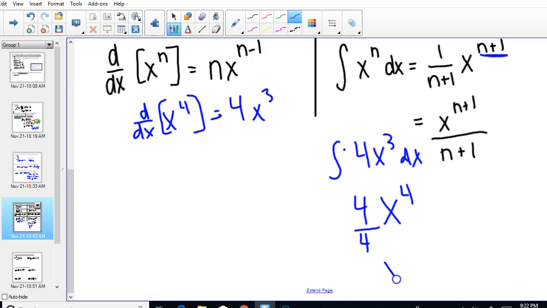So that would just give us x to the 4th power. And I should probably have added here that to this we have to put a plus c. So right here, we would also have a plus c for both of these. So that's generally your power rule for integration.